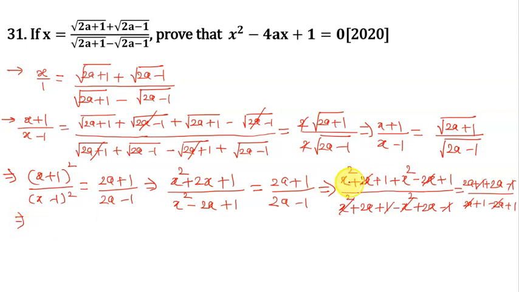and here you will have x² plus x², that is 2x², and 1 plus 1 will give 2, and to the denominator 2x plus 2x you will have 4x, and that's equal to, next here is again 2a plus 2a, then you will have 4a, and to the denominator, plus 2a minus 2a get cancelled, and that is equal to 2.